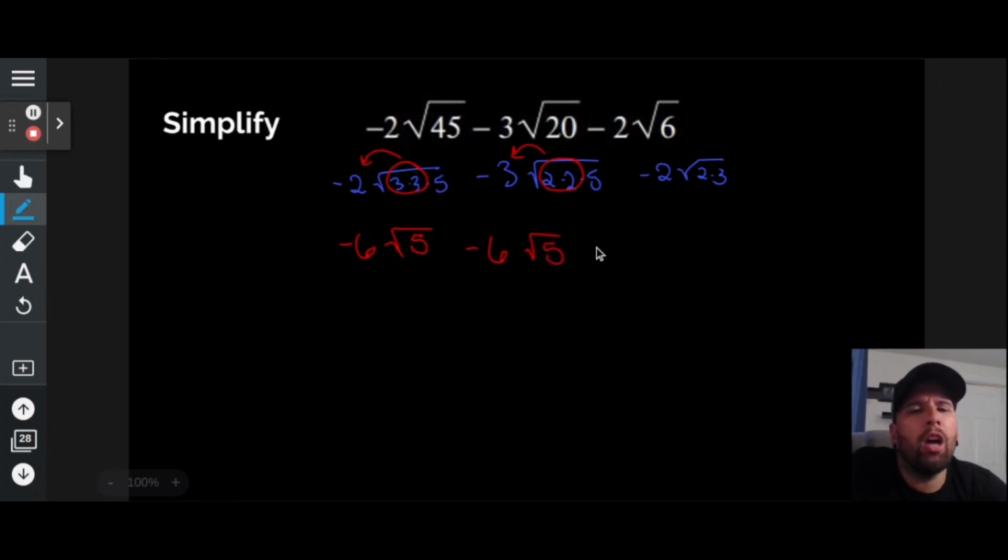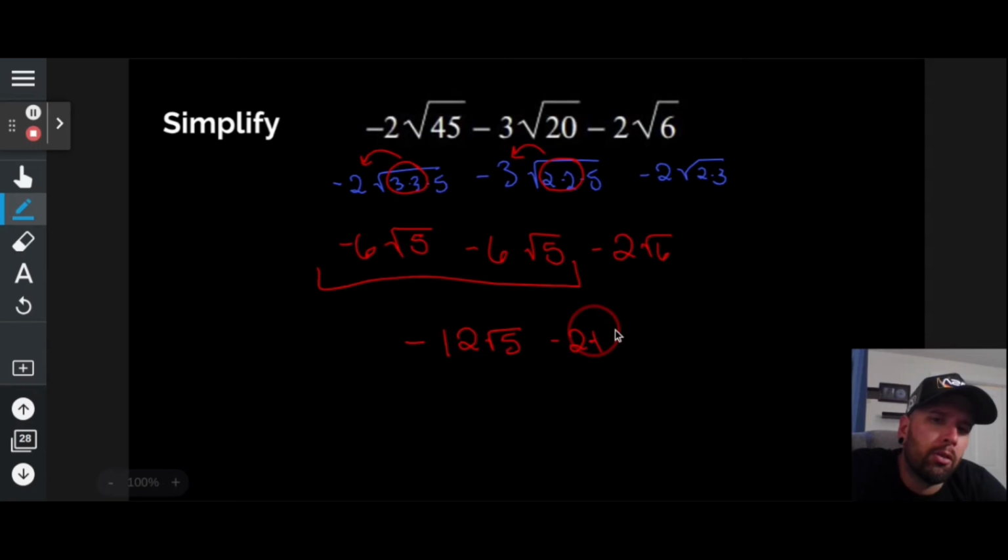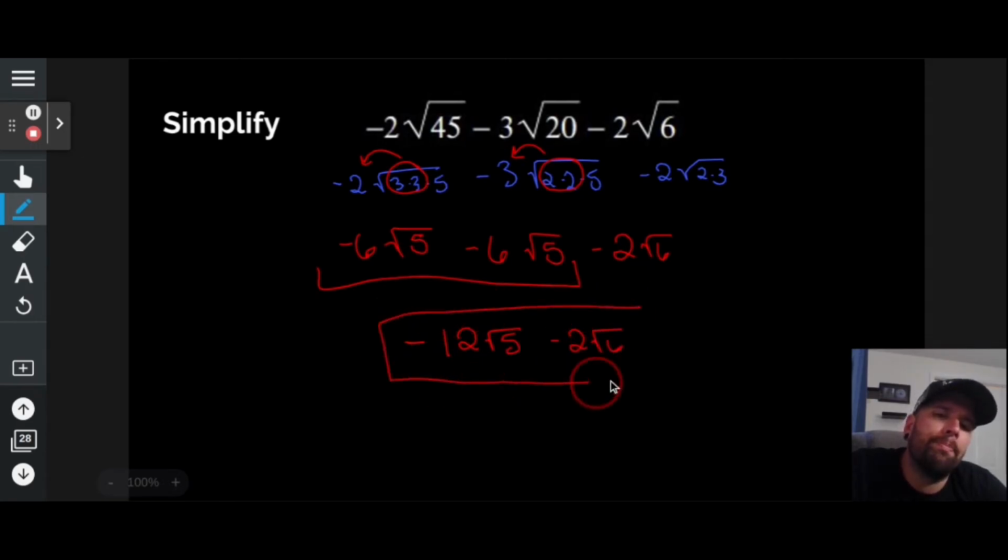And then I have 2 times 3, which does nothing. 6, just 6. What can I do with you? Nothing. What can I do with these guys? Combine them. Negative 6 root 5s take away 6 more root 5s is negative 12 root 5s. And then minus 2 root 6. That's how you simplify it.